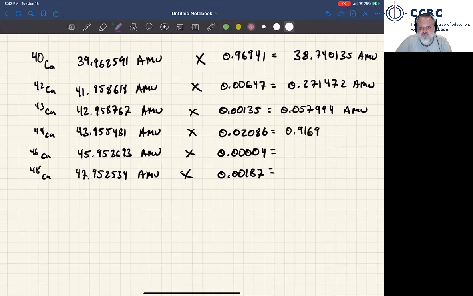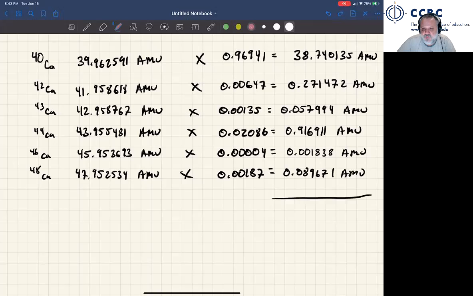For calcium 44, it's 0.916911 AMU. For calcium 46, it's 0.001838 AMU. And finally, for calcium 48, I get 0.089671 AMU.